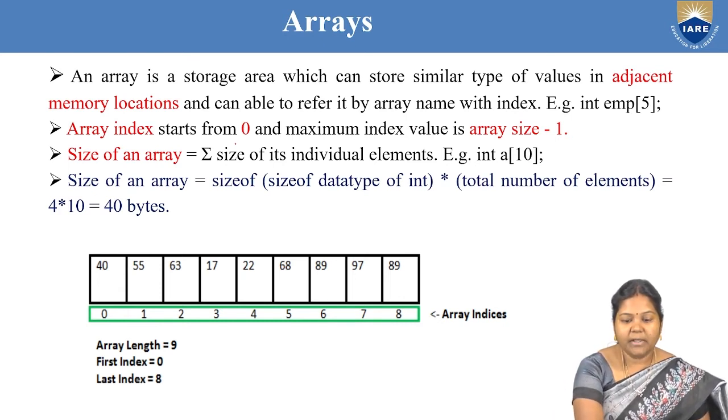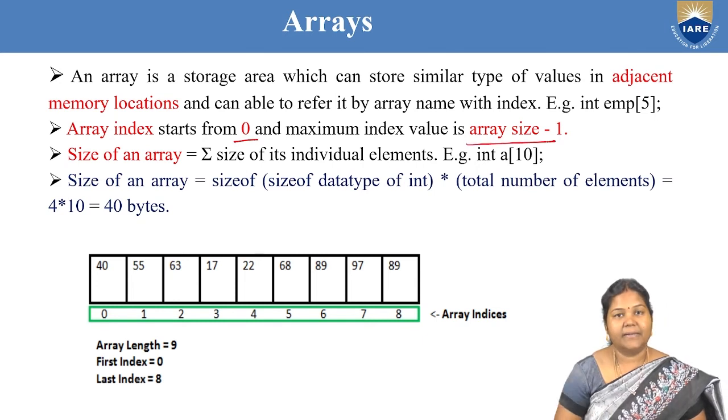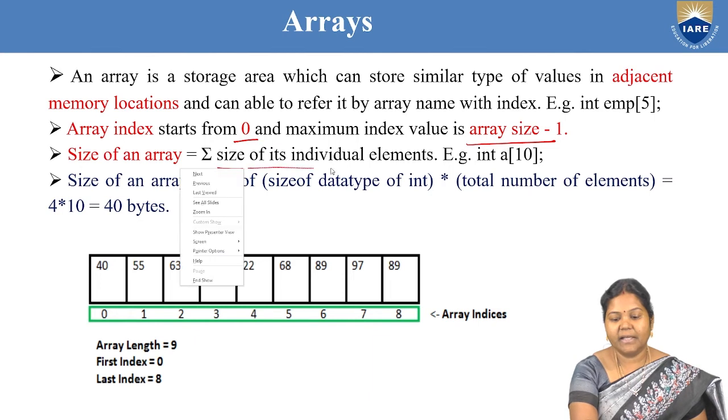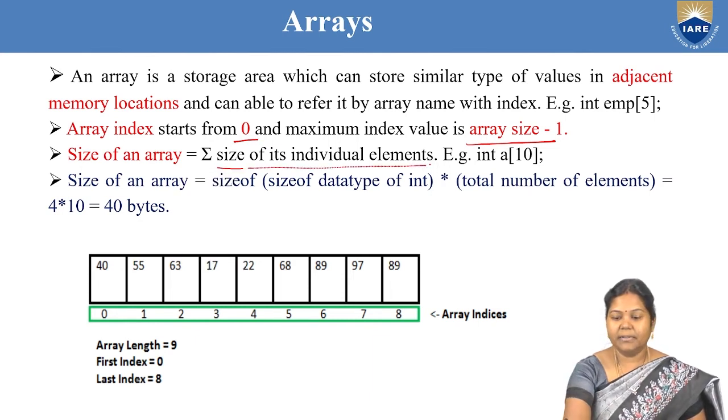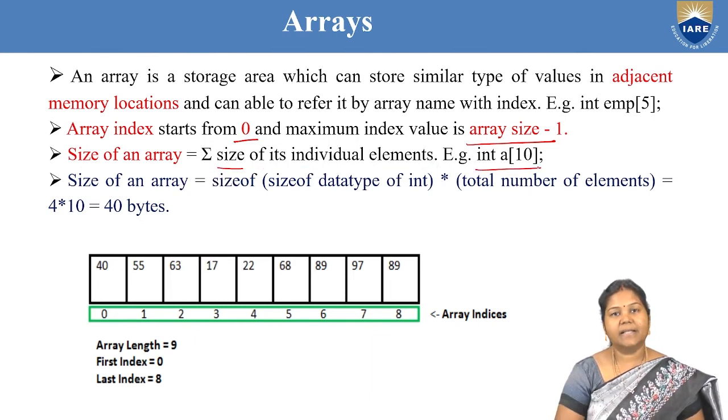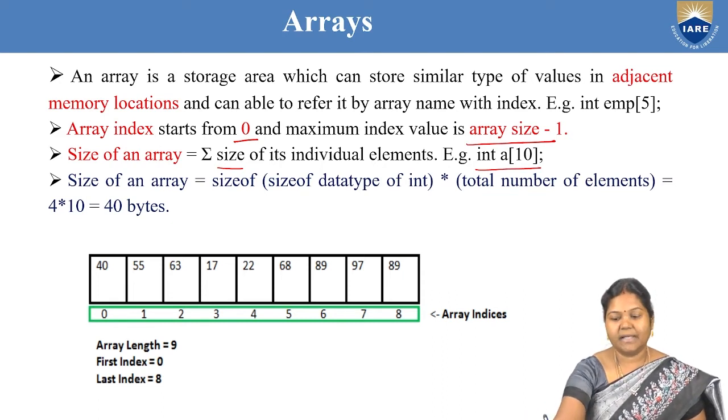If you want to compute the size of an array, it is nothing but the summation of the size of its individual elements. For example, int a of 10 is an array. Now, how to compute the size of this array? Suppose the size of each element is 4 bytes. Then, how many elements do you want to store? You want to store 10 elements.